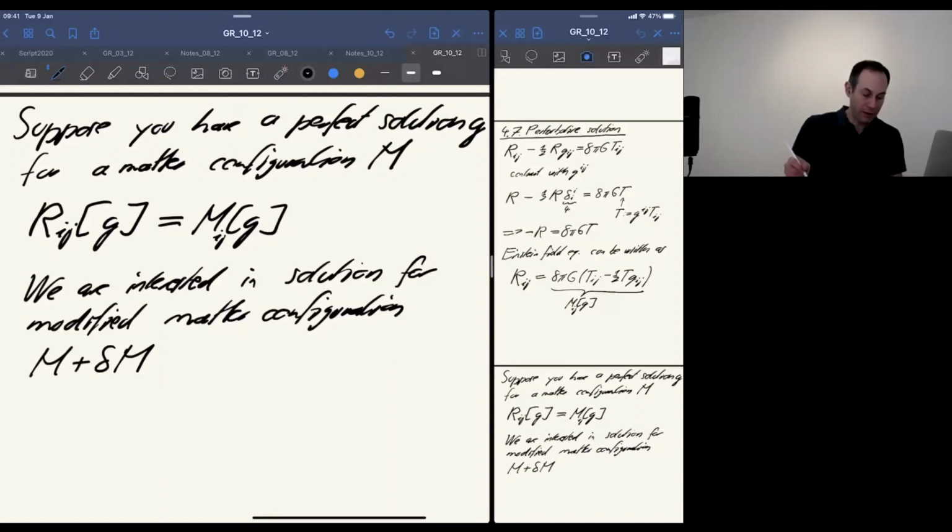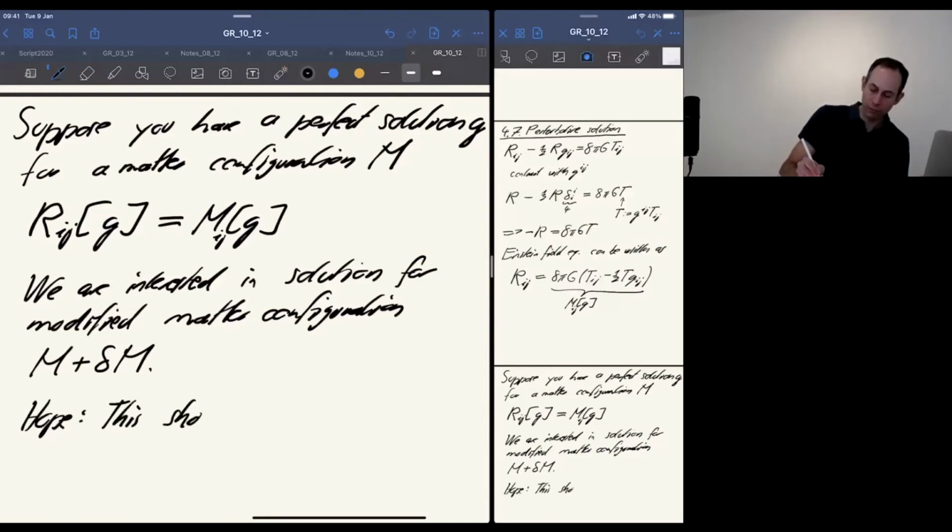But now what we are allowed, in a way, to expect is that this also changes the solution. If you change the mass only a little bit, this hopefully should also change the geometry a little bit. So let's say the hope is that this should change G only slightly.